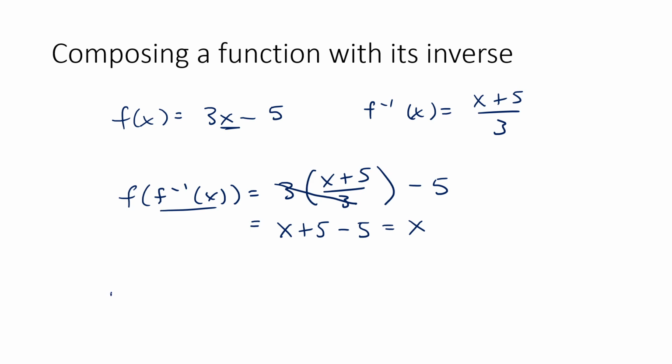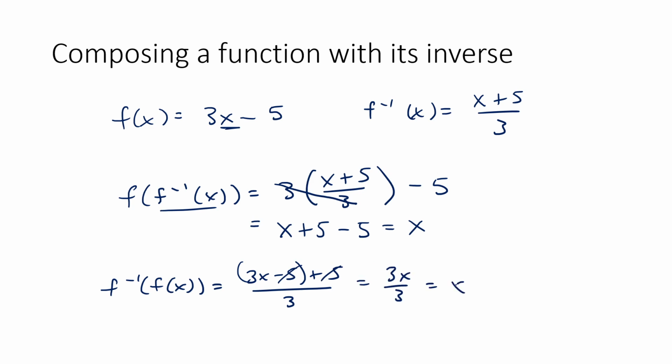Let's try that the other way. If I compose the other way, that would be plugging f into f inverse. But again, the 5's cancel. And then I get 3x over 3, which would also just be x.